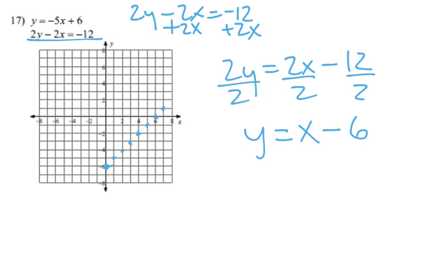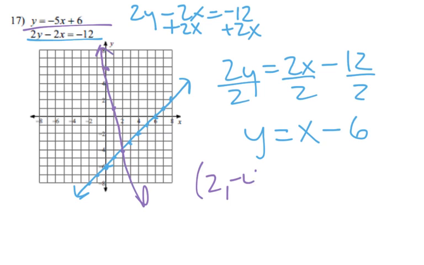So when I say up 1 over 1, I meant up and to the right, or down and to the left. And we graph that last one, positive 6, negative 5, so down 5, to the right 1, to the right 1. Wow, horrible line there, but I see where they intersect, at 2, negative 4. That's my answer.